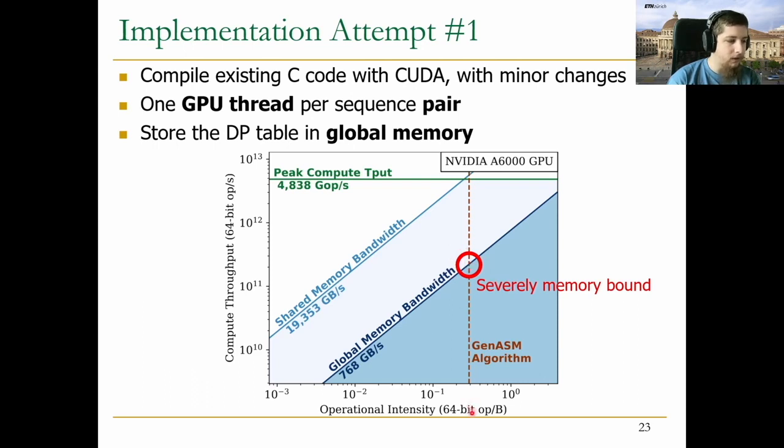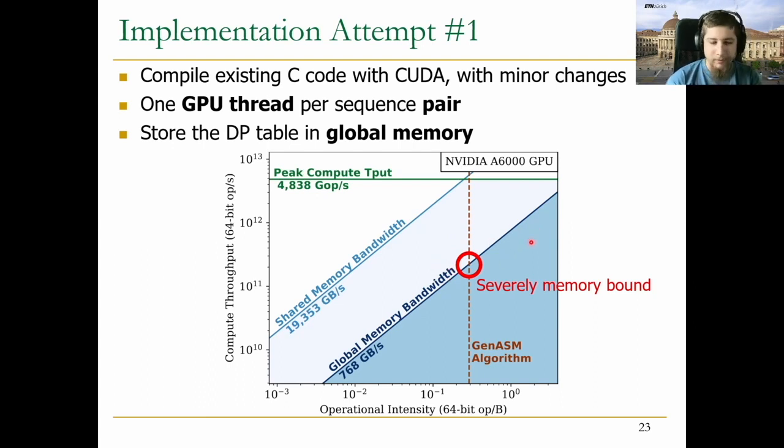So we drew the operational intensity of the GenASM algorithm, and at the intersection point, we see the maximum attainable throughput that you could ever get. It's far from what the peak computational throughput of the GPU could be. So we don't really like that for a computational problem. We would prefer to be somewhere close up to here, at least in terms of peak performance. But due to the global memory bandwidth, we will be limited to this kind of performance.